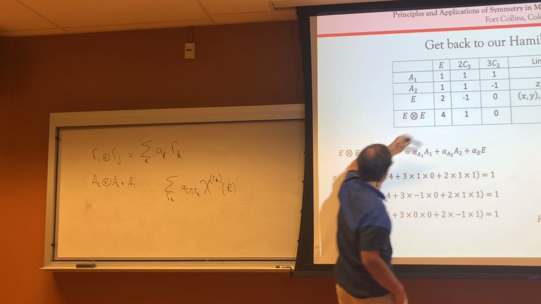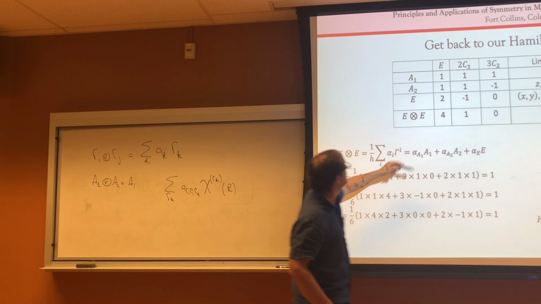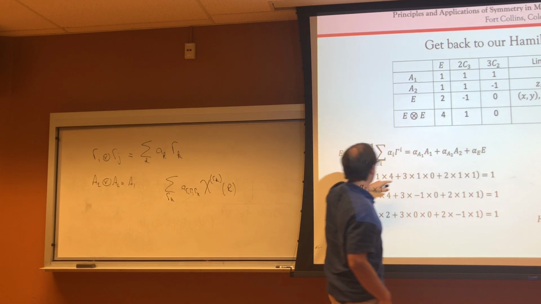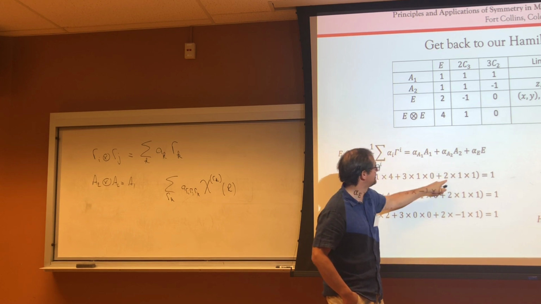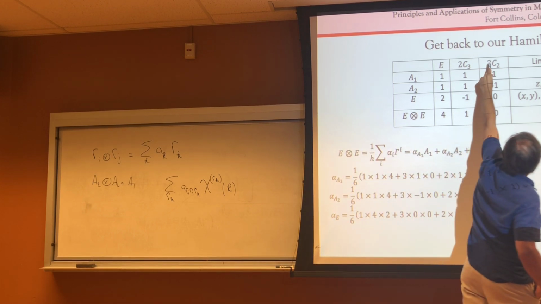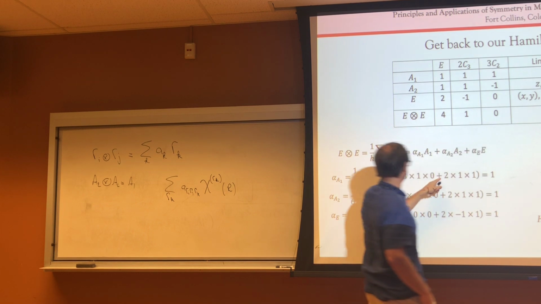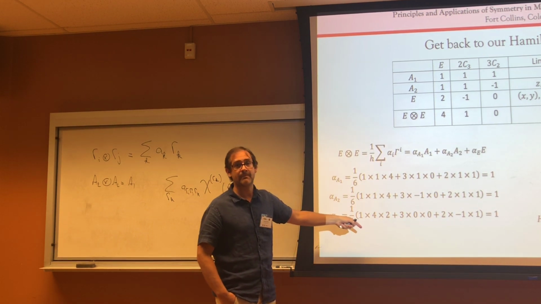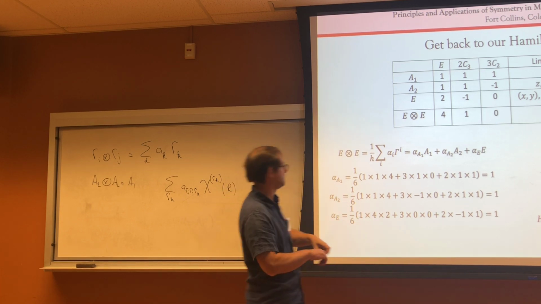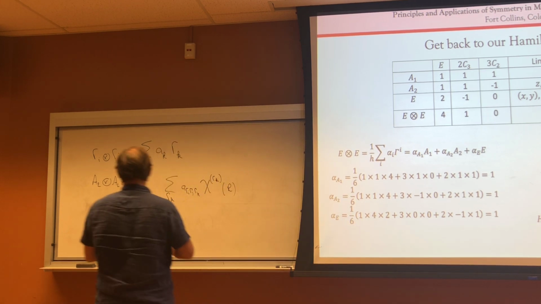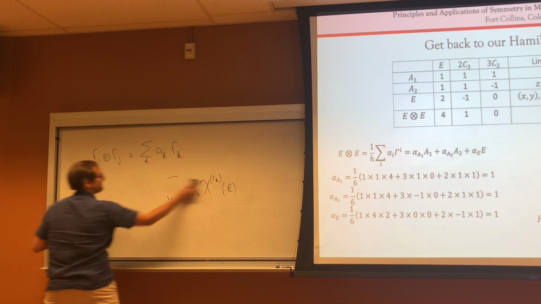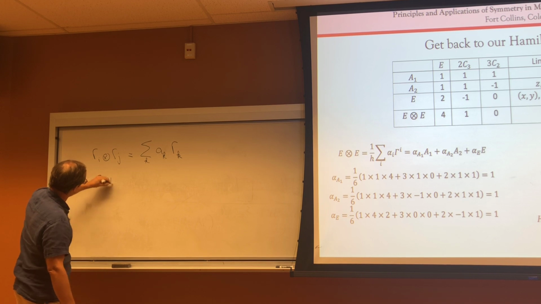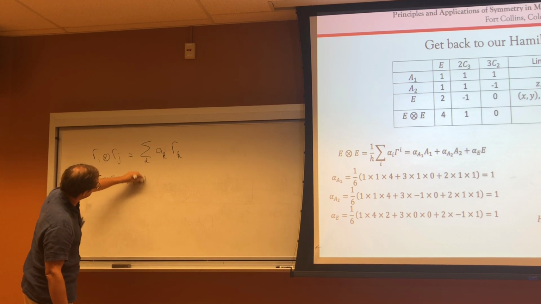So 1 times 1 times 4, then 1 times 1 times 2, here 1 times 1 times 2, and then 3 times 1 times 0. So this gives me 1, and so on and so forth. I end up with this decomposition: A1 plus A2 plus E.